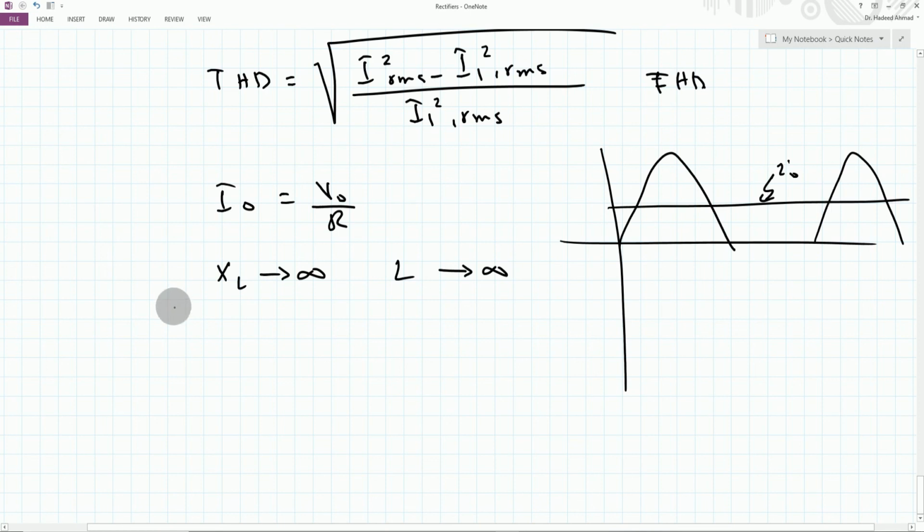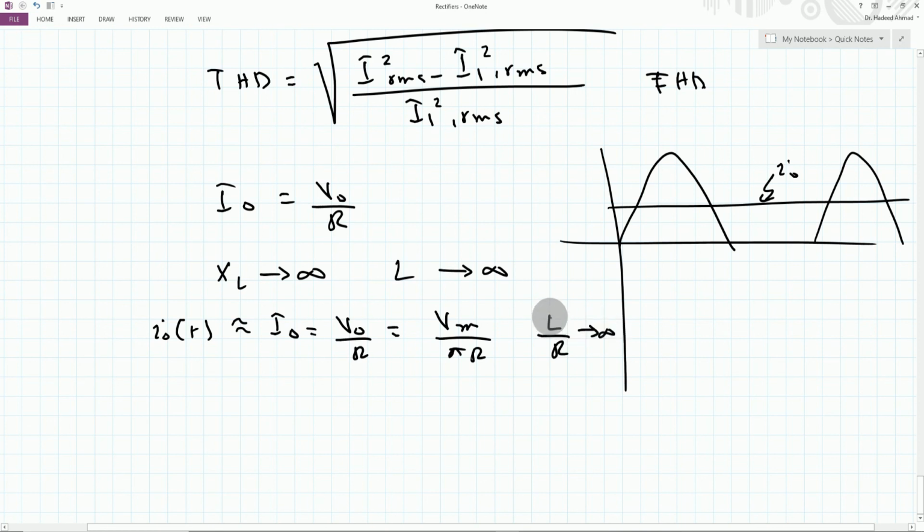So for this particular value, I naught is approximately equal to V naught over R, which is equal to Vm over pi R, if we somehow make L over R, or the time constant, equal to infinity.